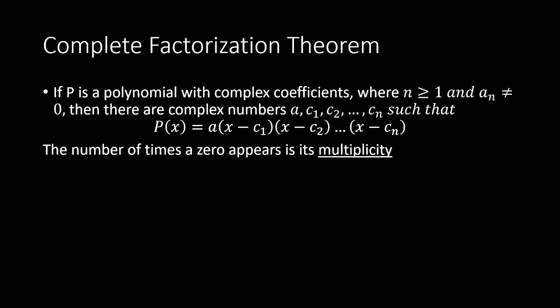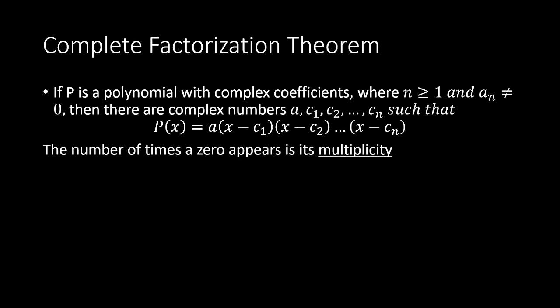Right here, we have this polynomial with complex coefficients where n is greater than or equal to 1 and a sub n is not 0. Then there are complex numbers a, c1, c2, and so on, such that p of x is equal to a times x minus c1, x minus c2, and so on. The number of times a zero appears is its multiplicity.